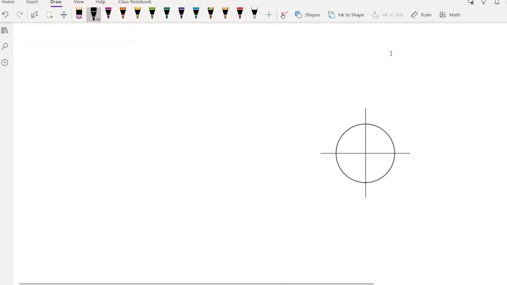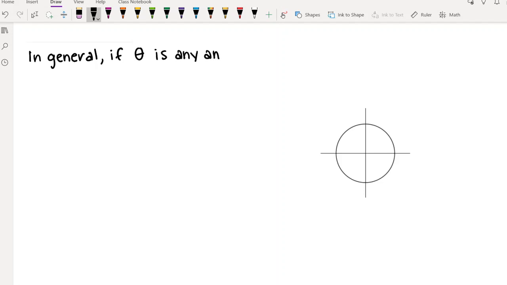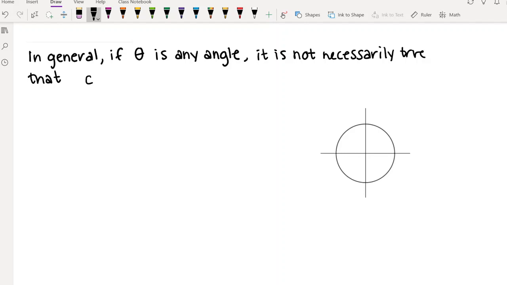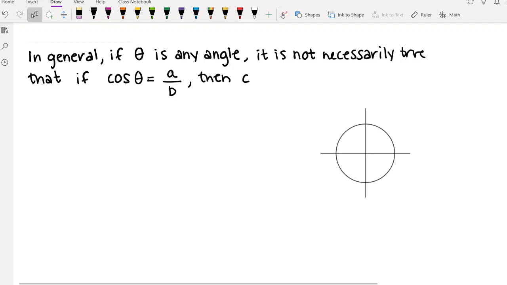So when we're on the unit circle, or just in general, if theta is any angle, it is not necessarily true that, let me say it this way, if cosine of theta is equal to, let's say, a over b, then inverse cosine of a over b is equal to theta.